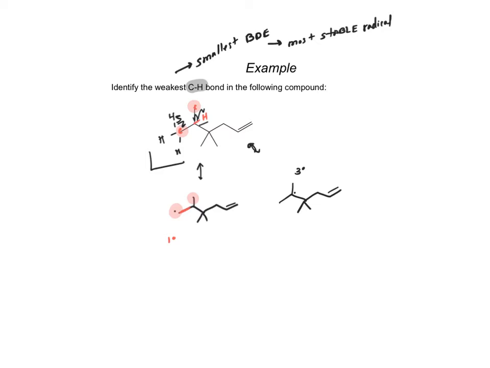So we can do that for other carbon-hydrogen bonds. If we move on and look at this one, at this position there are no carbon-hydrogen bonds, so we can ignore that. If we move on to these, it would be the same thing as out here. It would just give me a bunch of primary radicals. If I moved on to this one, we've got a carbon here.